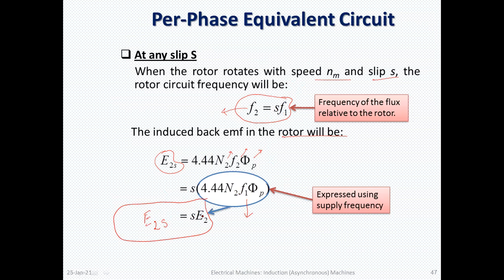So here we can find very easily, suppose slip S equal to 1. This is the condition when the rotor of the motor is at a standstill, meaning it is not rotating. During this condition, the slip definition is (ns minus nm) divided by ns, and if nm is 0, this cancels out and slip is 1.